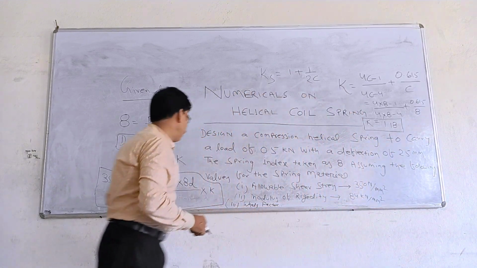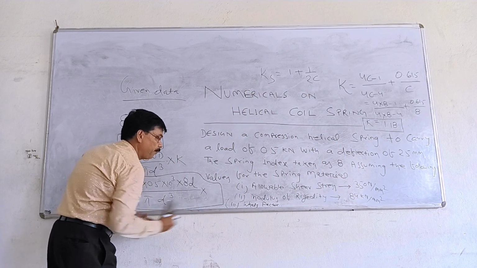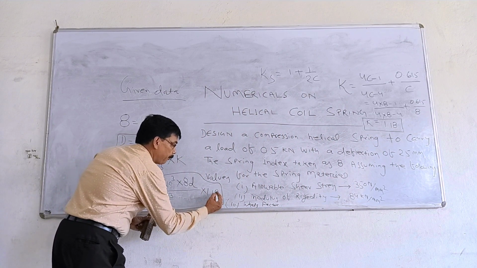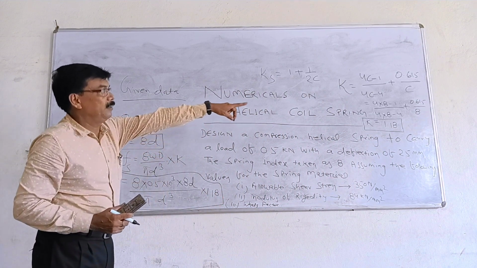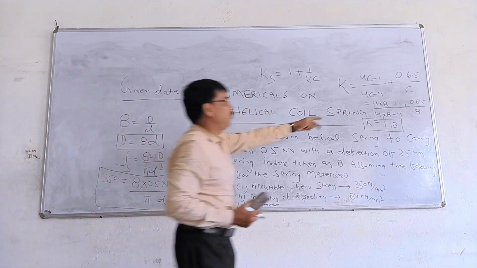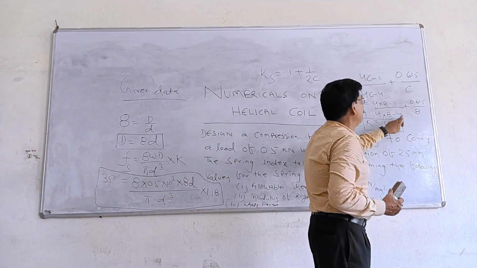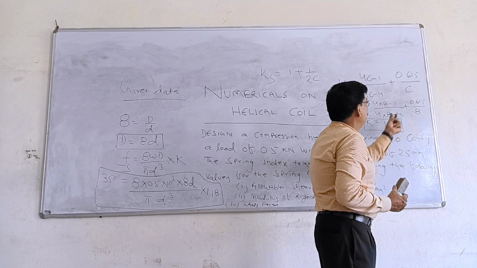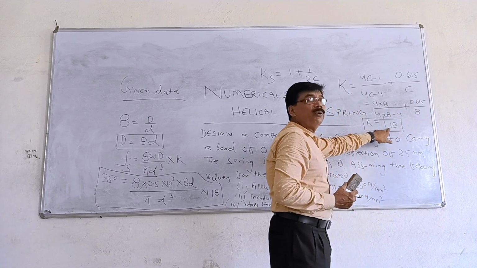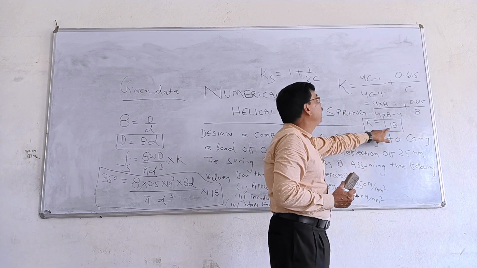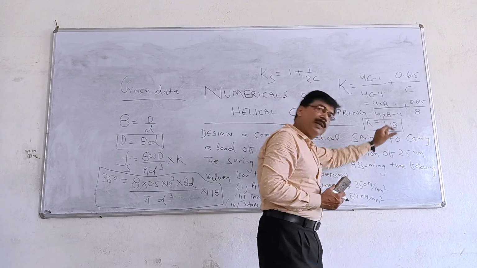So here, after calculating it, easy calculation: 4 into 8 minus 1, 4 into 8 minus 4, plus 0.615 by 8. K has no unit, it is unitless, just numericals.